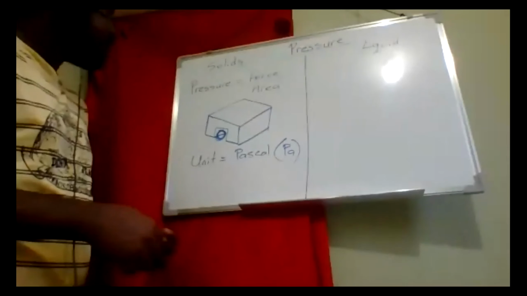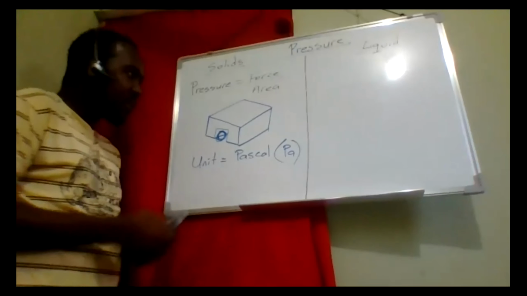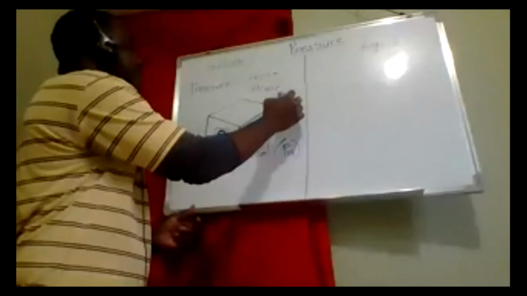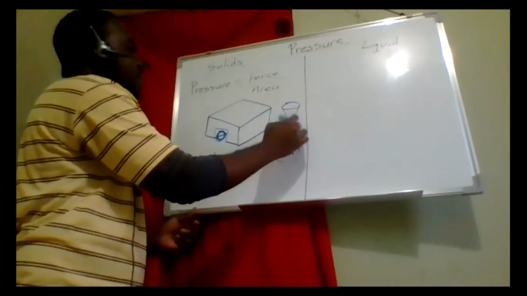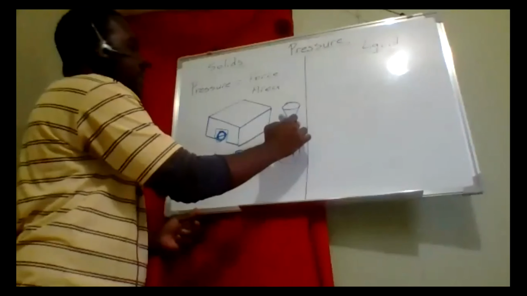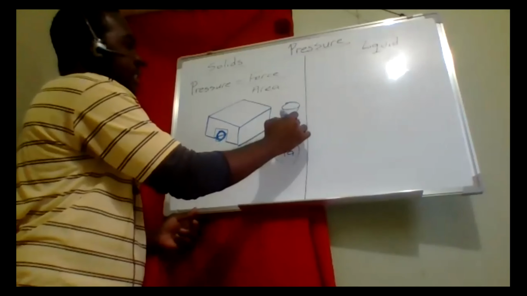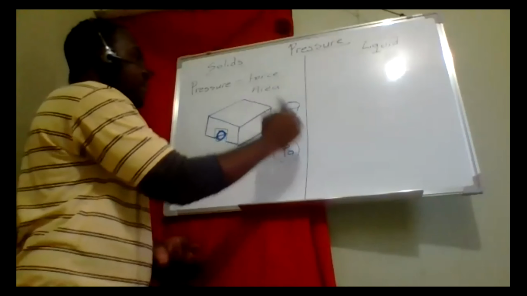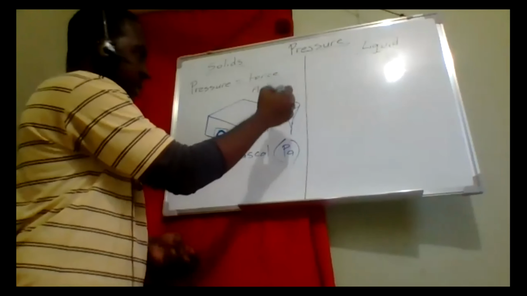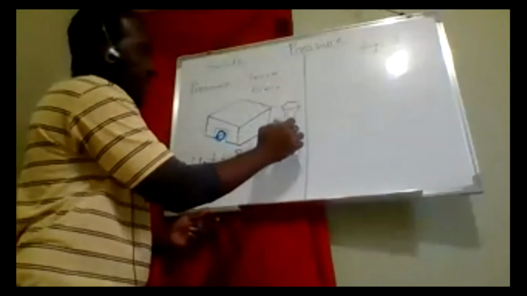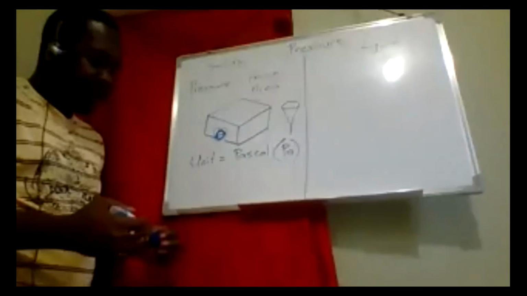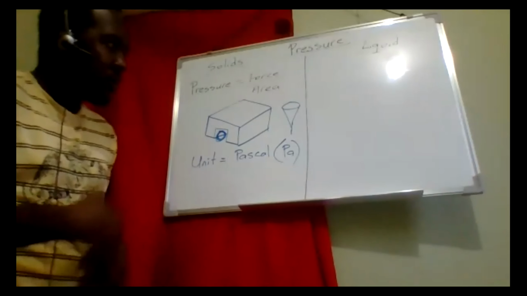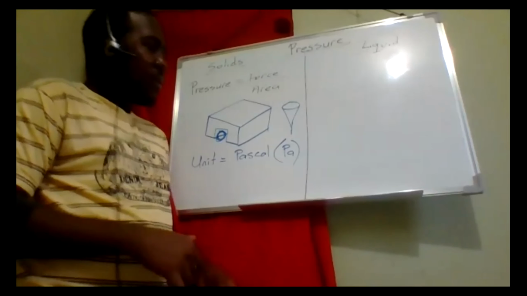Another thing we notice is that a nail or a tack is manufactured in this manner: a slightly bigger head that the hammer applies the force to, and a smaller tip that drives into the wall or wood.